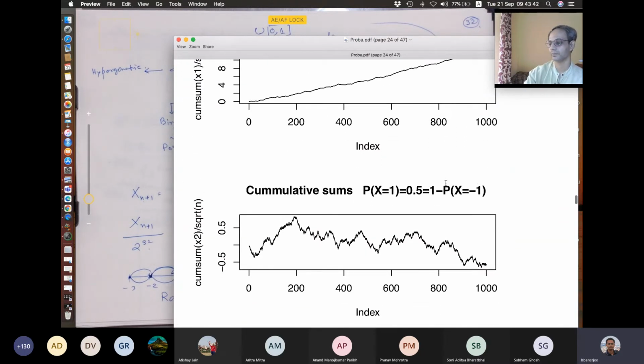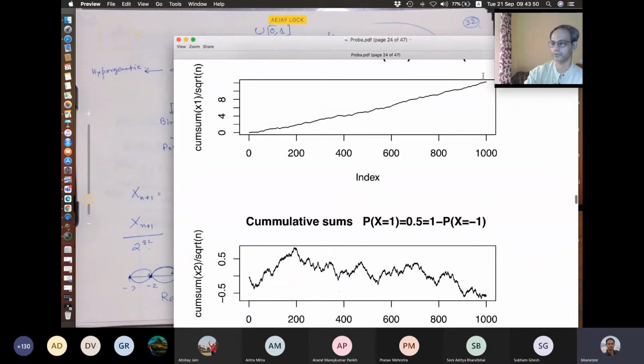But if the probability is half and half, it will be fluctuating around 0. It will not go away from 0. This is the path of a random walk. It tells you at what location you are. So you will not go too far away from 0.